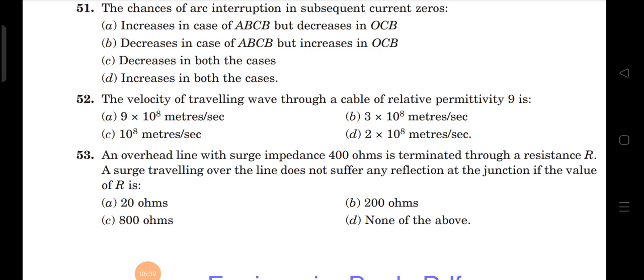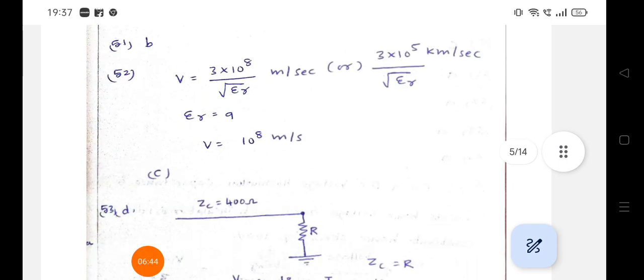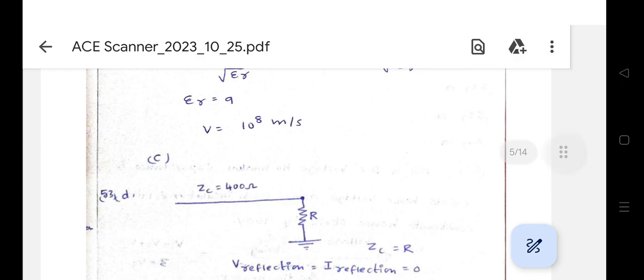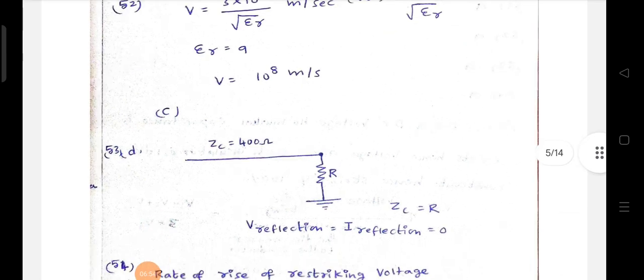Now see here, in case of traveling wave analysis, ZC is given, right? ZC is 400, that is line impedance is given as 400, right? What is given? There is no reflection takes place. Reflection takes place when impedance changes. At any junction, when impedance changes, then only reflection and refraction takes place, right?